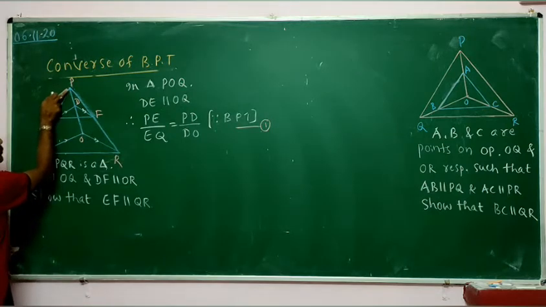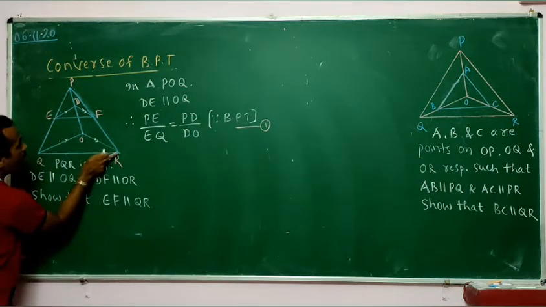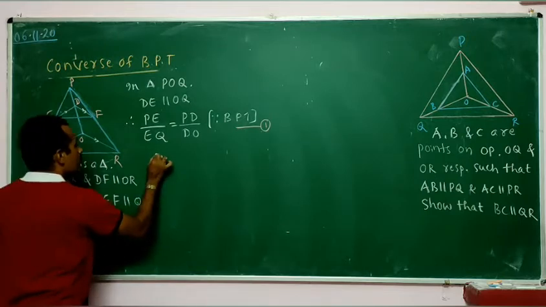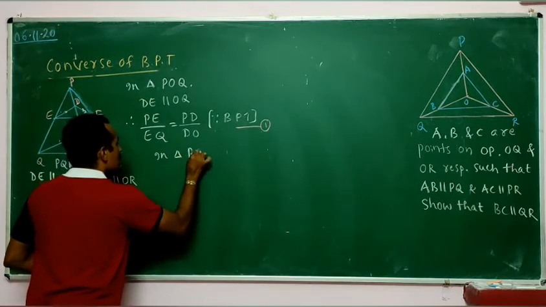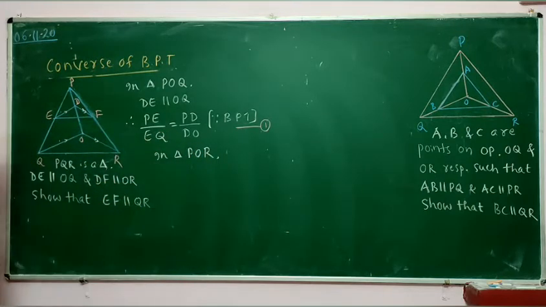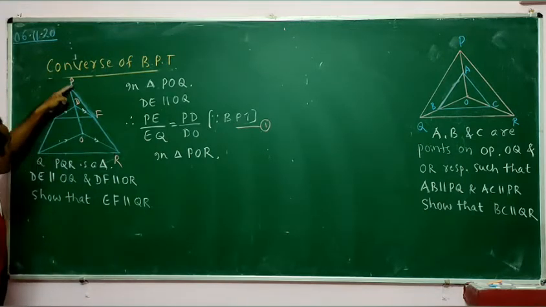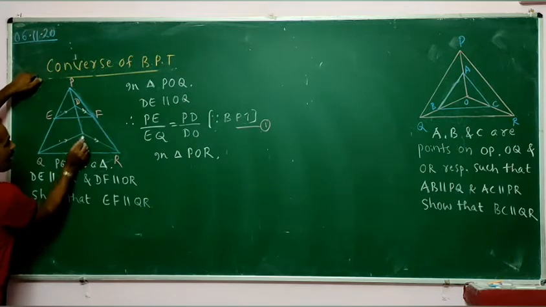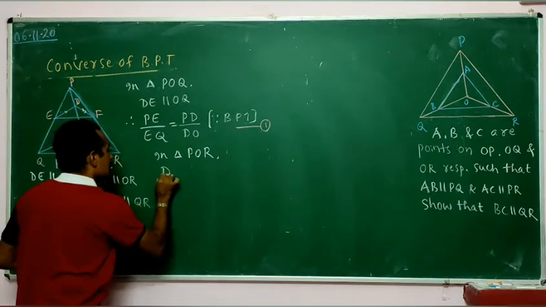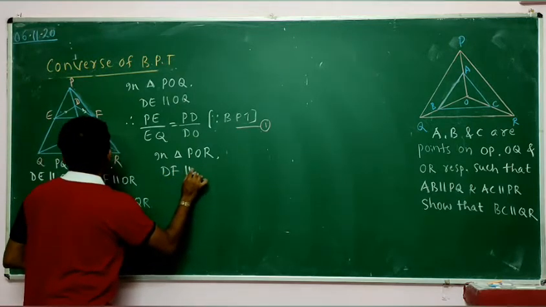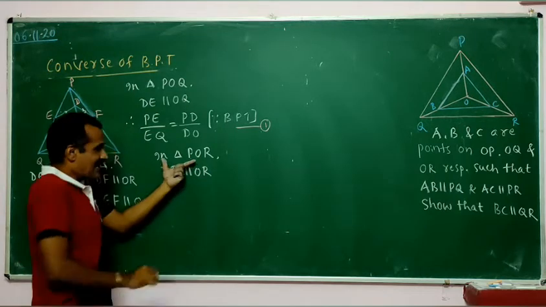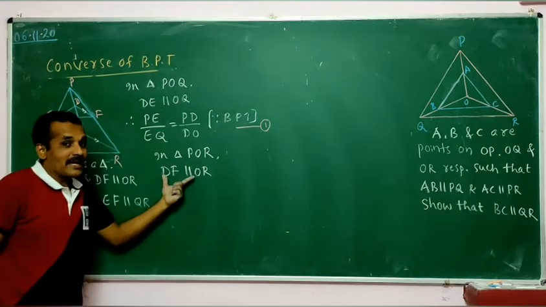Second, I will choose POR. In triangle POR, hope that now you have understood how to solve the problem. In triangle POR, come on, DF is parallel to OR. See, triangle I have chosen, parallel lines I have taken.